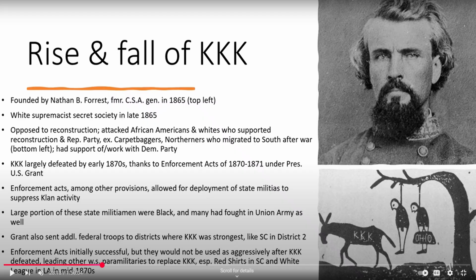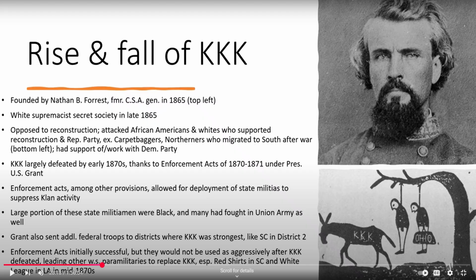A large portion of these state militiamen actually were black. There had been efforts to keep former Confederates from joining and taking control of these state militias. You're going to see what happens to some of these militias later on because of their membership. And many of the African Americans who were in these militias had seen combat during the Civil War.